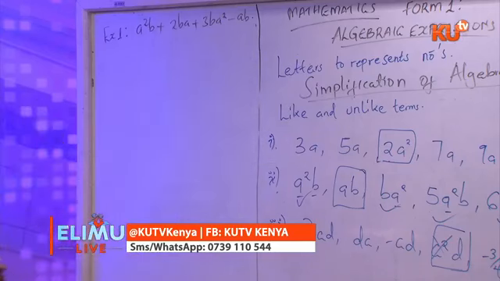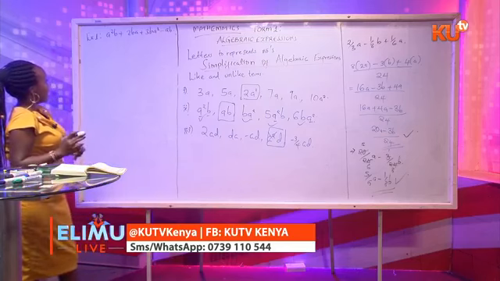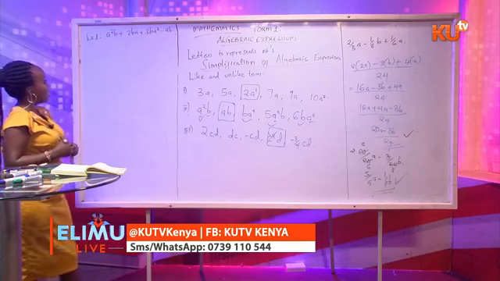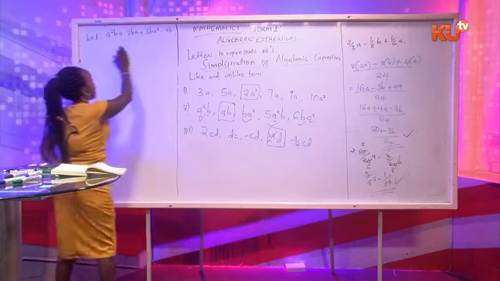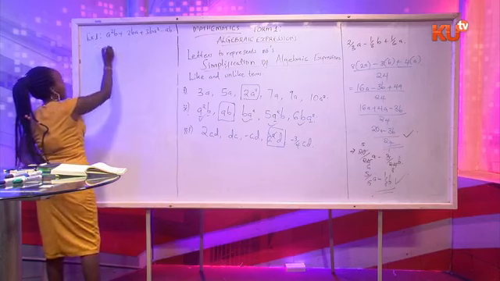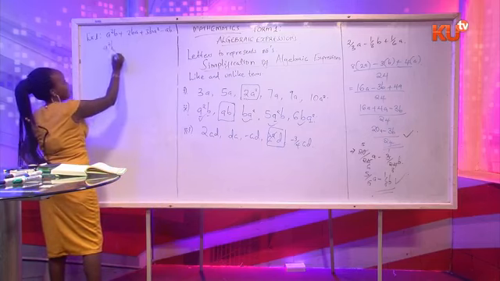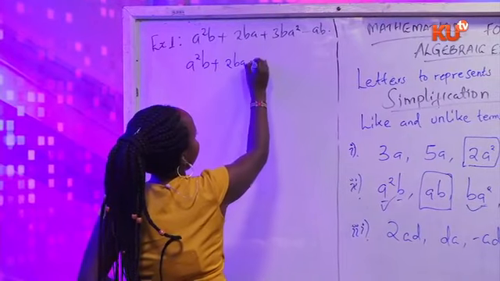So as I said earlier, it doesn't matter which letter starts. Any letter starting or which comes before the other one, as long as they're in the same term, they just mean the same. So let us rewrite this in the same way so that you don't get confused. This is saying the same as a squared b plus 2ba, and then plus 3.